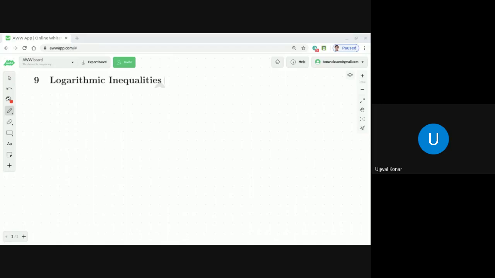So, dear students, in logarithmic inequalities, what are we going to discuss? We are going to discuss, if we have an inequation, something like log of f1(x) base g(x) is greater than or equal to log of f2(x) base g(x).